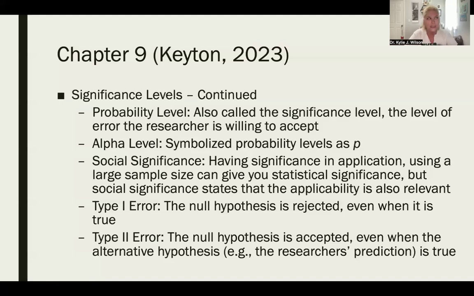But if you'd only surveyed 1,000 people, it probably wouldn't have been there. That's an error, or an issue that we worry about. However, social significance is saying, yes, we do have a large sample size, but based on this social concept and this direct population, its applicability is relevant.